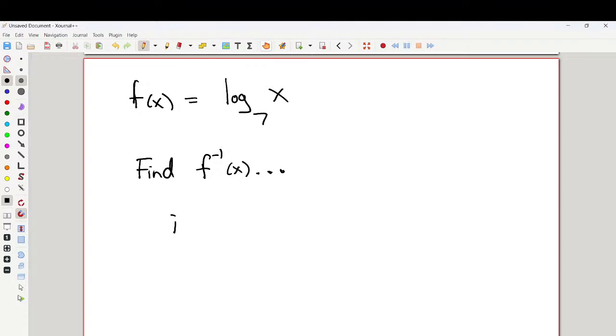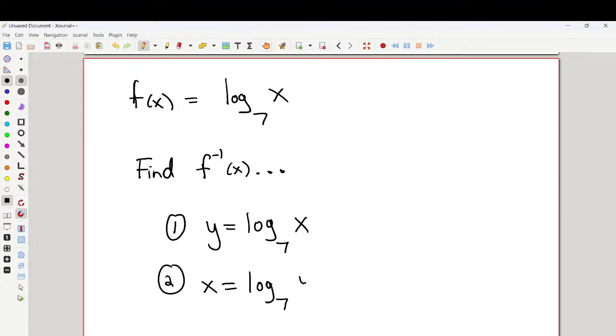Step 1, call this y. Step 2, interchange x with y and y with x. And how do we get y by itself?